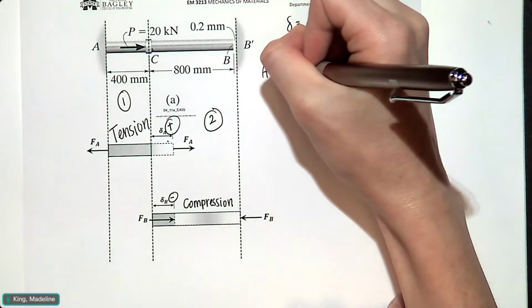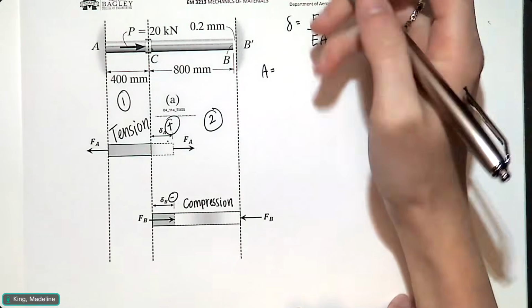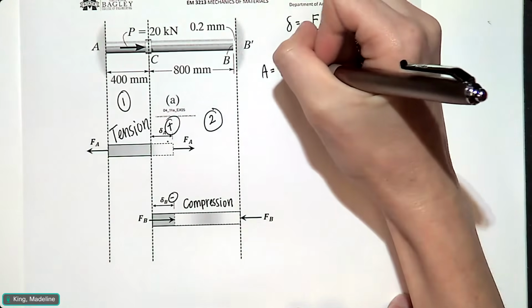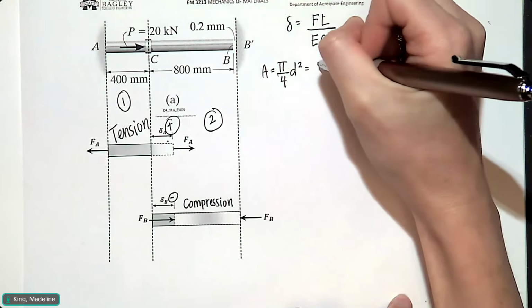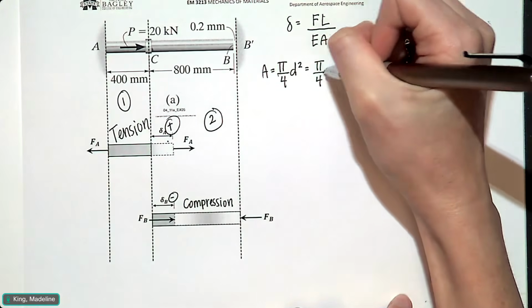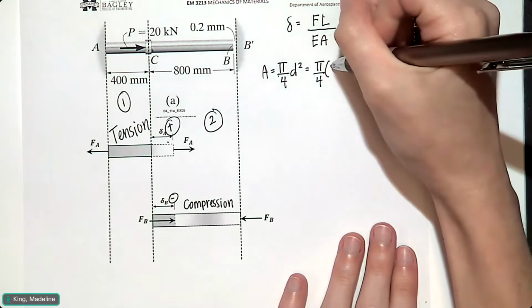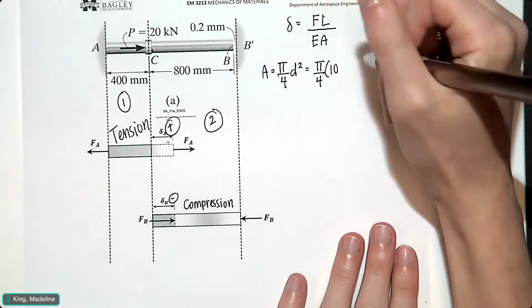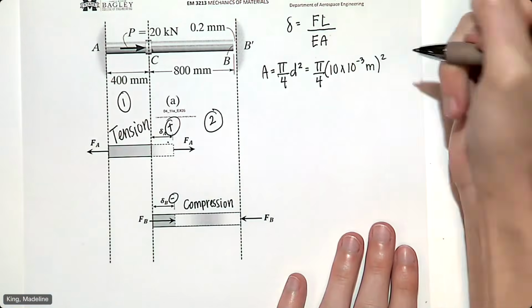So like I said earlier, we're working with the circle. So that would be pi over 4 diameter squared. Our diameter was 10 millimeters, so 10 times 10 to the negative 3 meters squared.